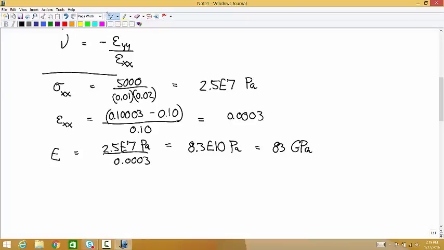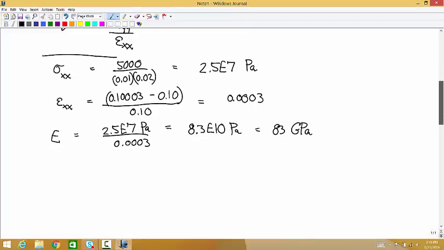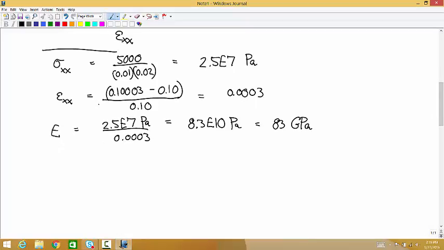Any questions about that calculation of Young's modulus? Okay, so now for Poisson's ratio, we already have one of these strains. We just need one of the off-axis strains.